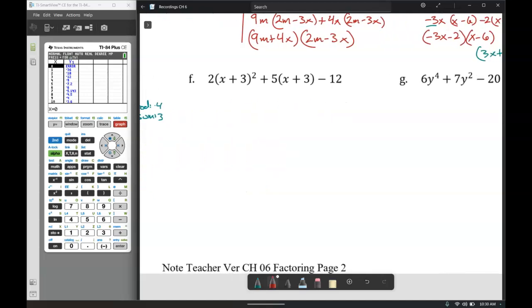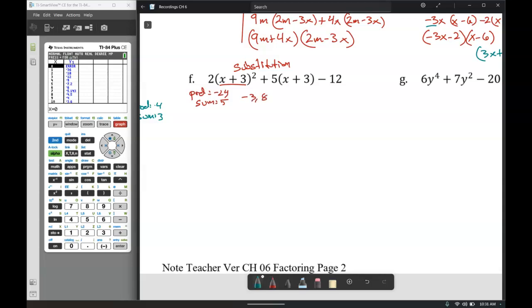Now here we can use a method called factor by grouping, or sorry, factor by substitution. Makes it a little bit easier to deal with when we have the binomials. The idea is still the same. We're doing product and sum. So we'll be using the numbers -3 and 8.